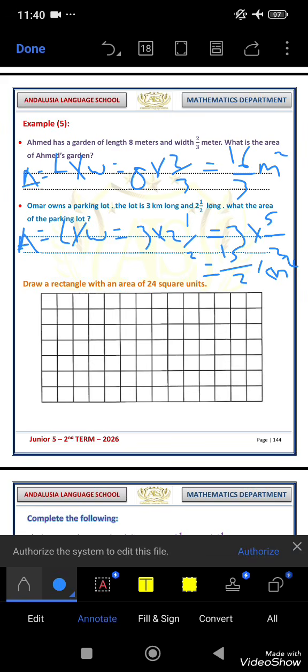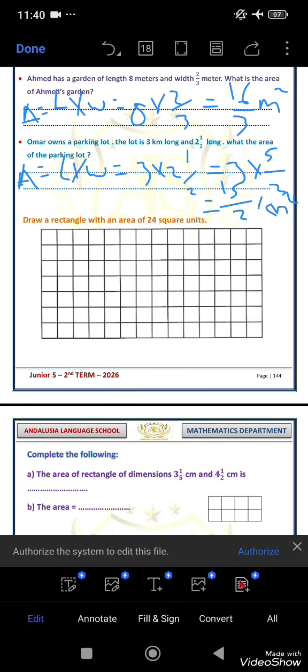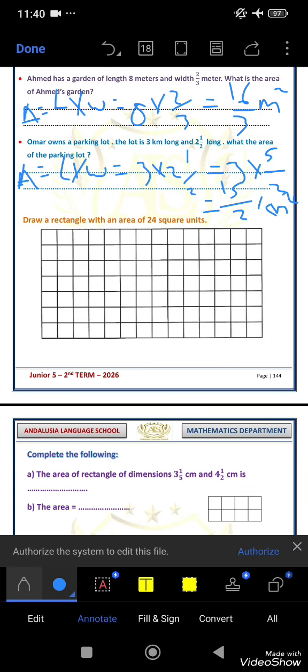Draw a rectangle with an area of 24 square units. Like we said, what we will do, I will find two factors whose product is 24, any two numbers, like 6 times 4, 8 times 3, 1 times 24, and 2 times 12.